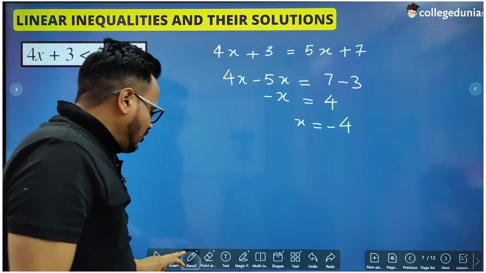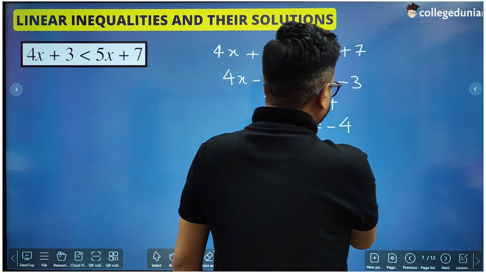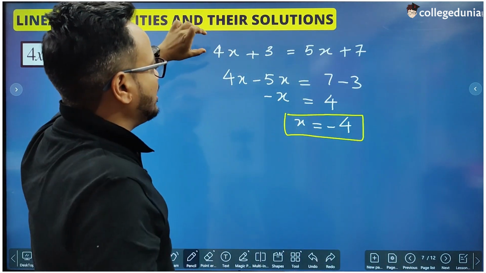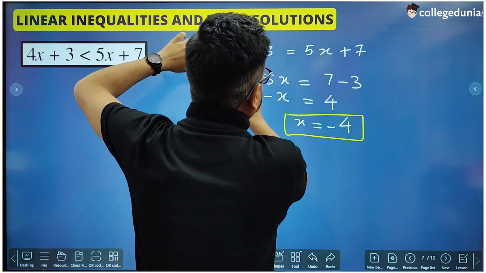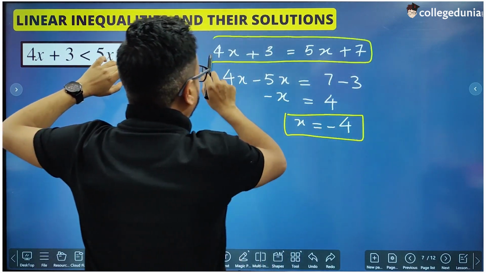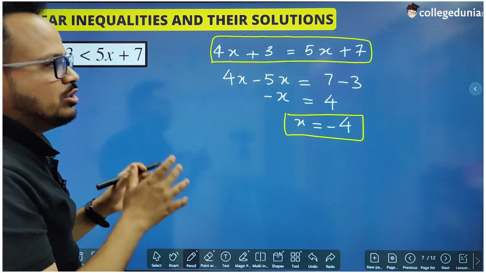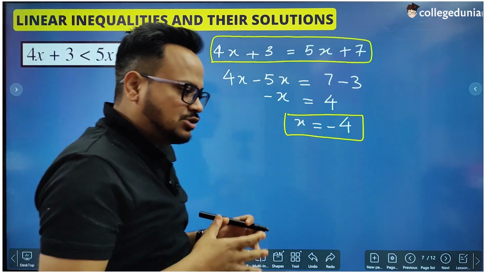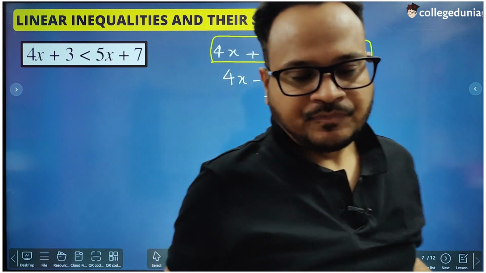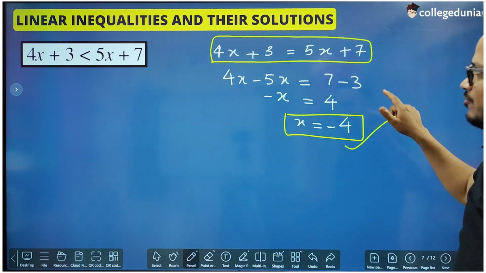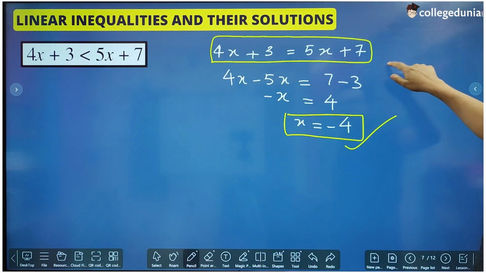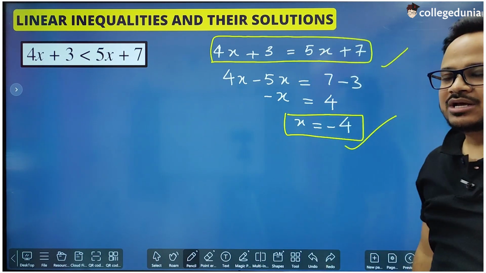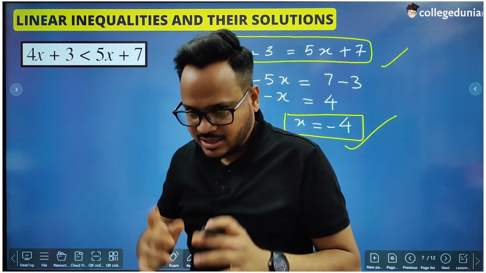So if the value of x is minus 4 in this case, that means if we put x equal to minus 4 in this equation on both sides, then both sides will become equal, right? LHS will become equal to RHS. So this is called the solution of this equation. We call this an equation because an equal to sign is put between the left hand side and right hand side, right?